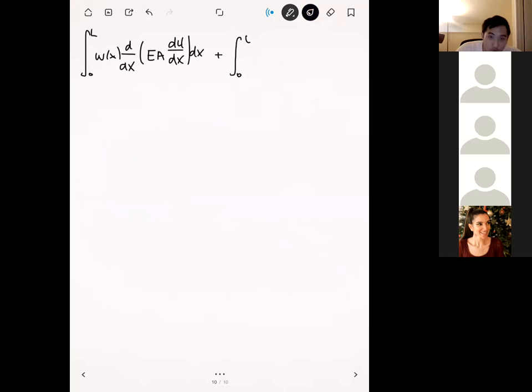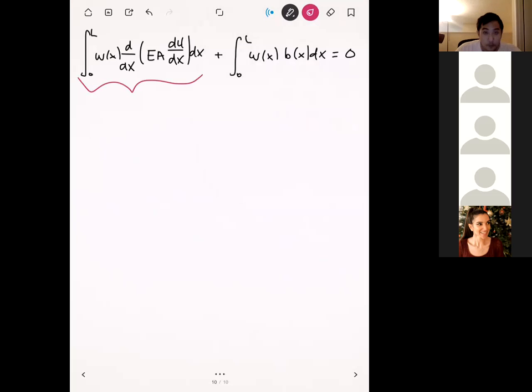And then next we have the integral from 0 to L of w of x, b of x, dx. Okay. And all this is equal to 0. So we're getting farther and farther away from a solution.